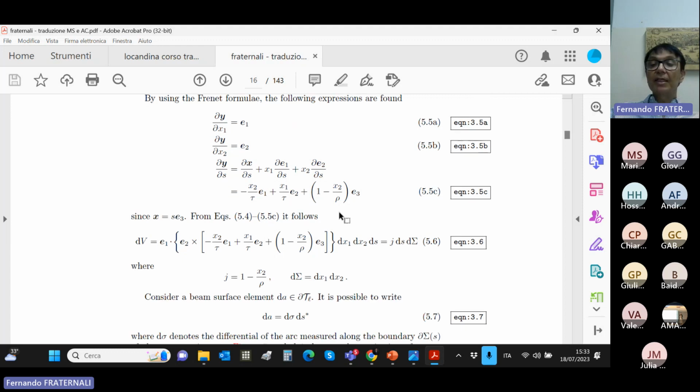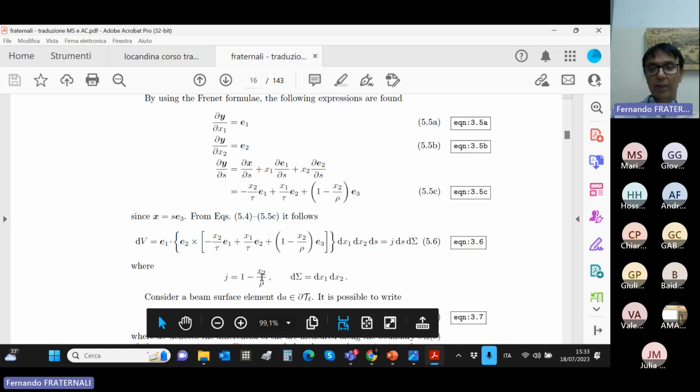So you can see that this volume is given by ds, which is dx3, times the differential of the area of the cross section, which is dx1 dx2. But in front there is J, the Jacobian, which is 1 minus x2 over rho.